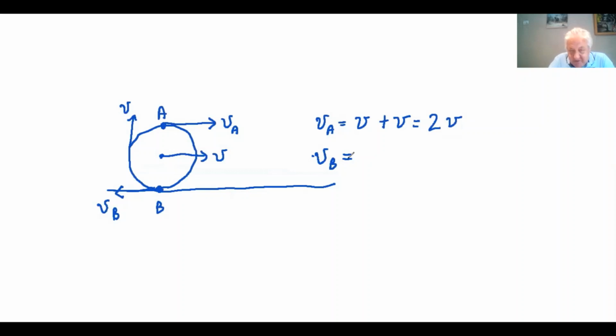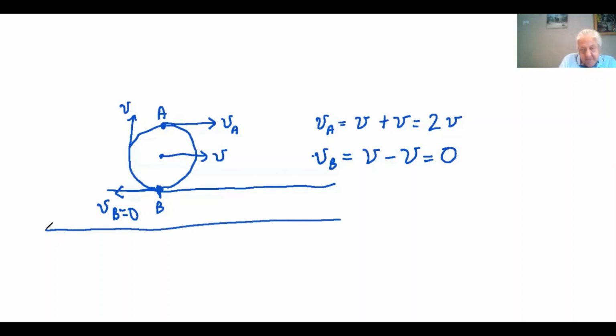Okay, let me just see what the value of VB is. So we're moving in this direction, the tangential velocity, this direction, the linear velocity of the center of mass. The velocities are going to cancel themselves out, so we're going to get 0. So this may seem strange, but this point has no velocity. I'll let you think about that.